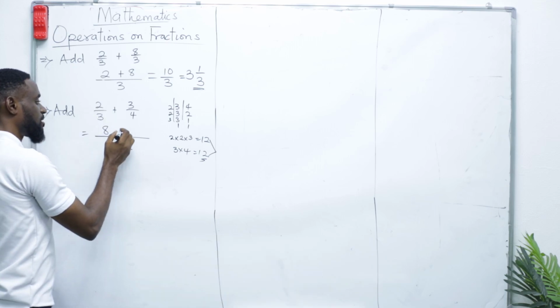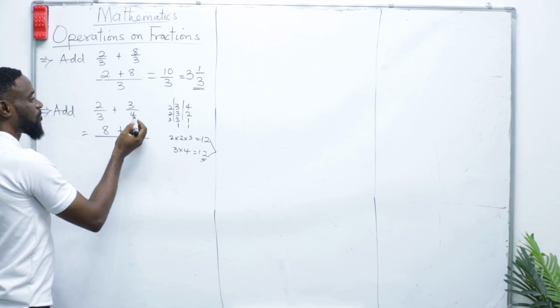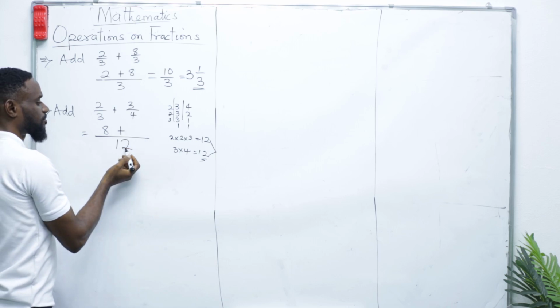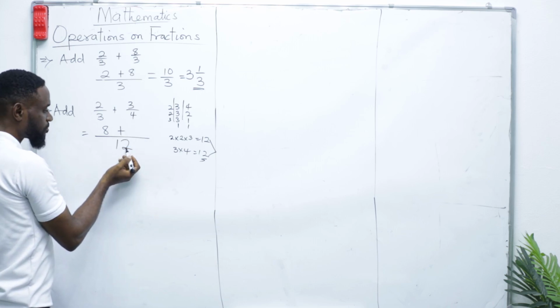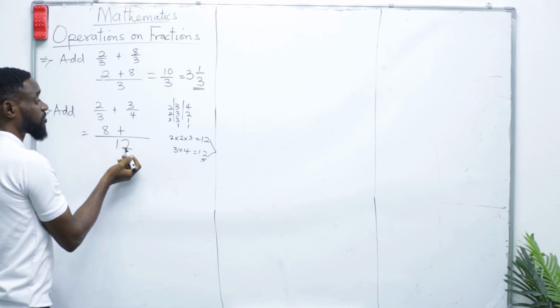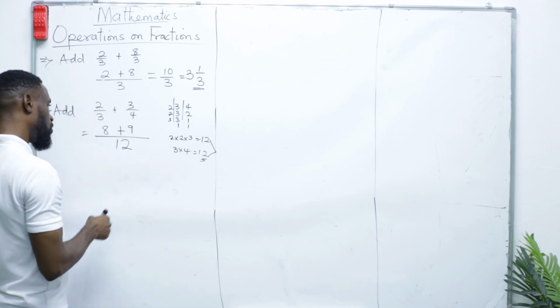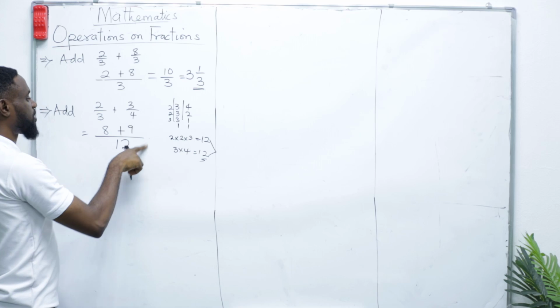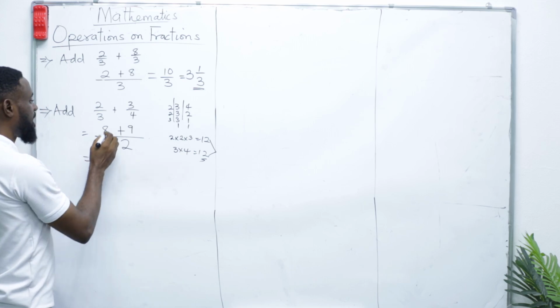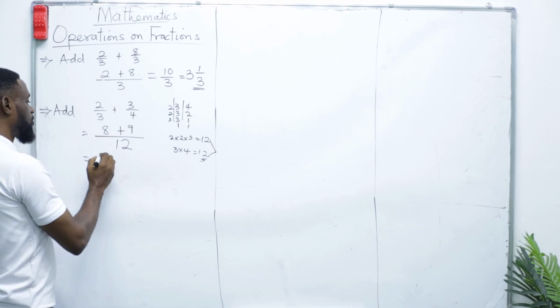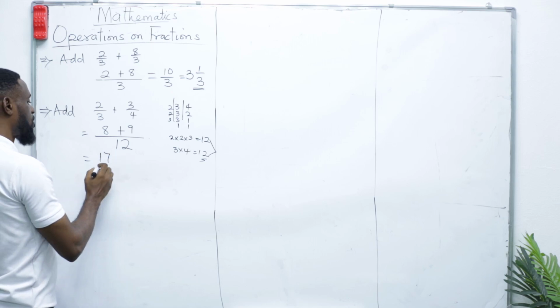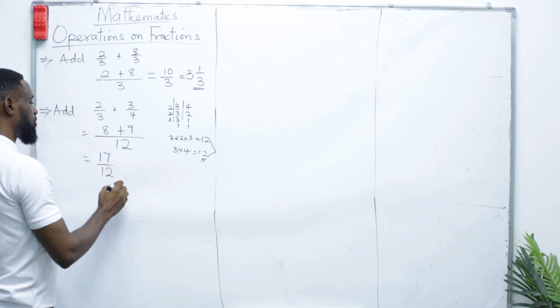See that? Then plus comes down. 12 divided by 4 is 3. 3 times 3 is 9. Okay? So at the end of the day, we're going to have 8 plus 9 to give us 17 over what? 12. Do you understand that now?